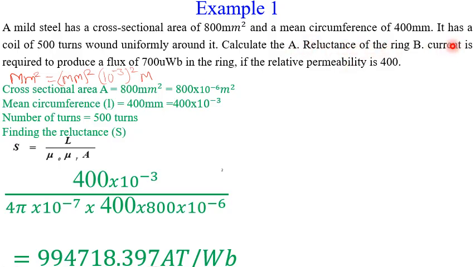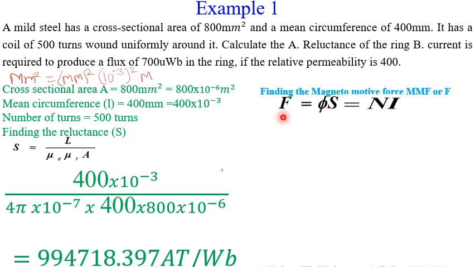We need to now calculate the current required to produce a flux of 700 microwebers. To calculate the current, we have to first of all find the magnetomotive force, also known as MMF or force. We can find the magnetomotive force by using two formulas: either when we know the flux and the reluctance, or the number of turns and the current. In this case, we know the flux and the reluctance, so we can use the first one.